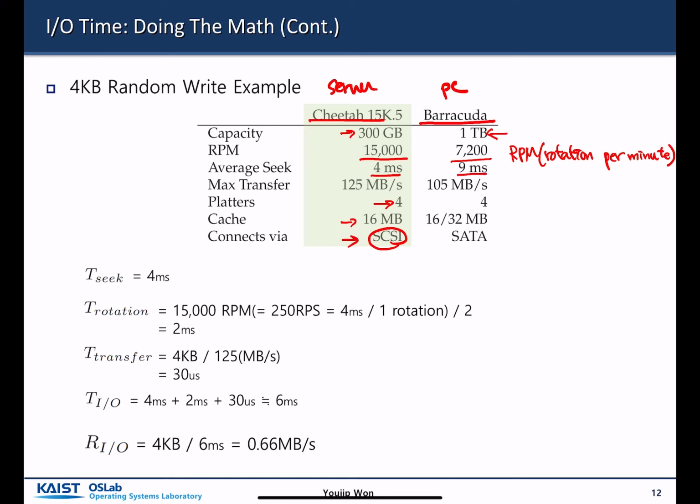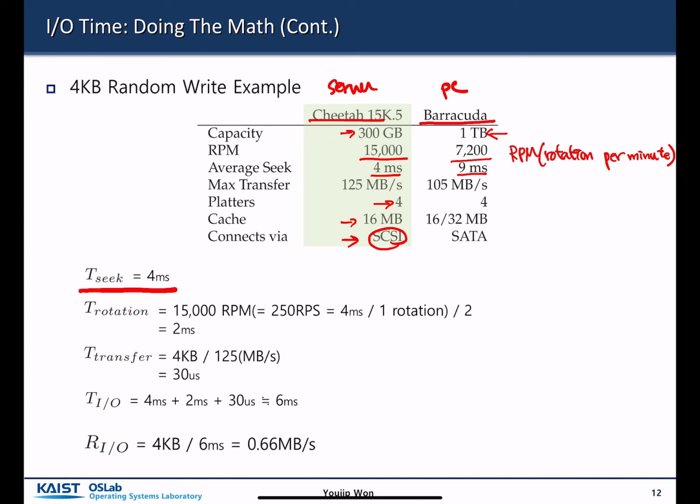So apparently, the PC disk drive Barracuda is much slower than the server disk drive Cheetah. The max transfer rate is 105 megabytes per second. It has 4 platters. For cache, it has two types of disk, each with a different cache size: 16 megabytes or 32 megabytes. The interface is SATA.